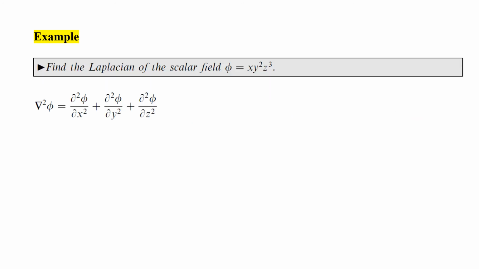Let's have an example. Find the Laplacian of the scalar field phi, where phi is equal to x y squared z cubed. So let's find the Laplacian of the scalar field. Again, your Laplacian of phi, or del squared phi, is equal to the second partial derivative of your function.